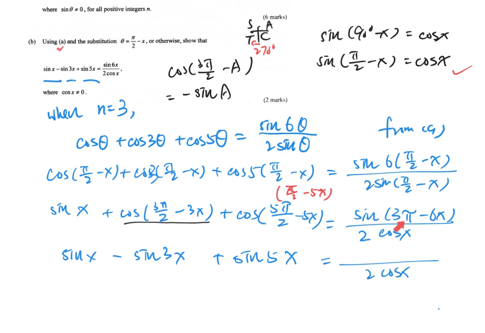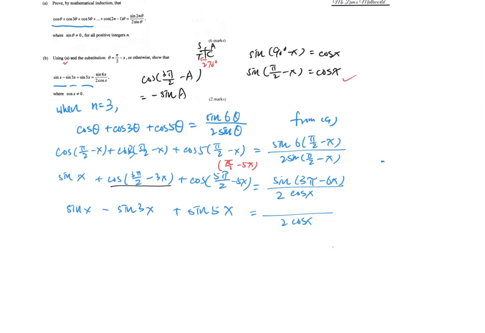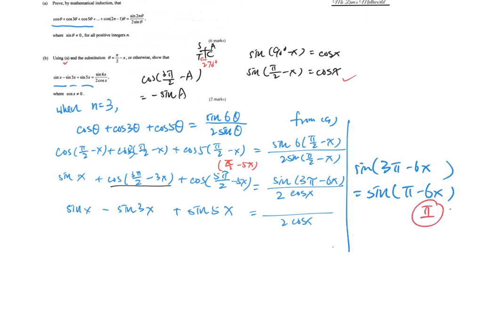And then this one, 3 pi, again it is too much, so we can change it to pi. So 3 pi minus 6x equals sine of 3 pi minus 2 pi, which becomes pi. This time it is quadrant 2, so it is positive for sine. And right now, you get the answer.